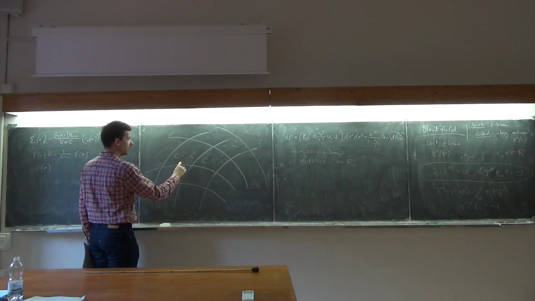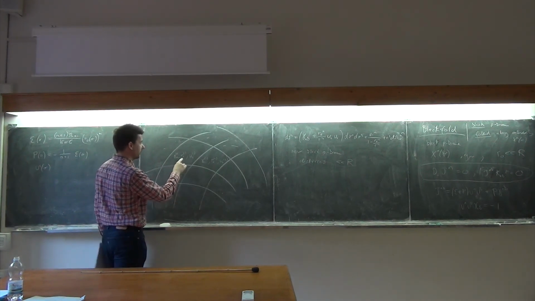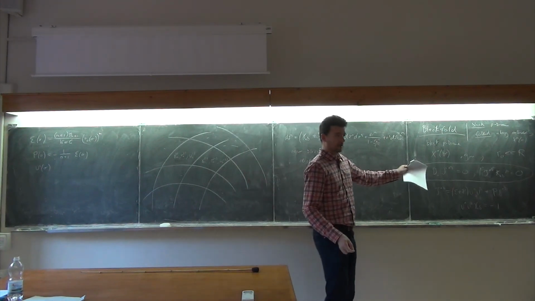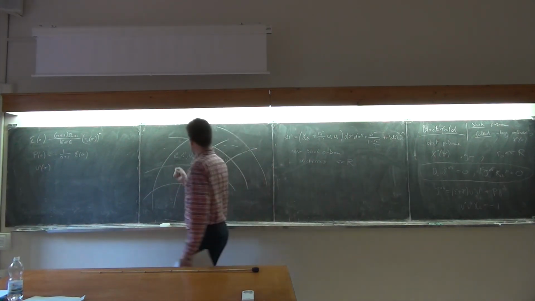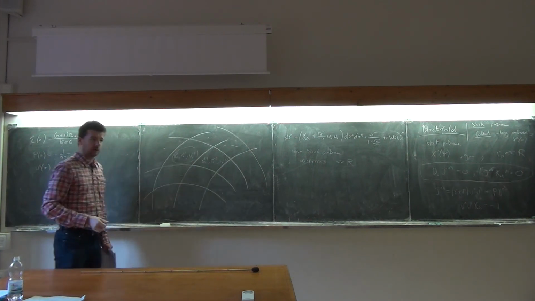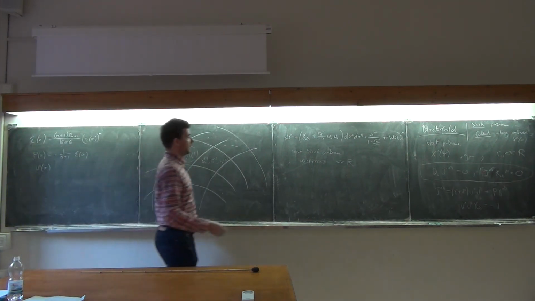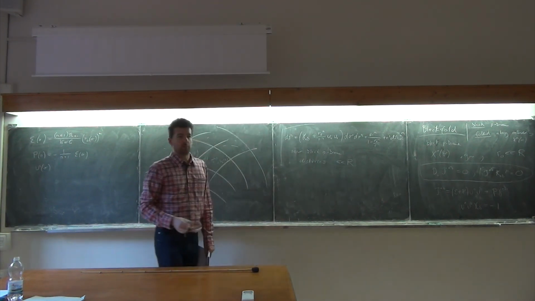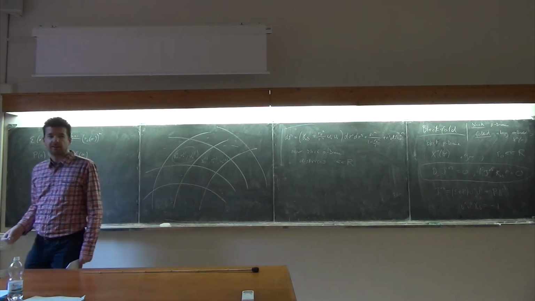To see the variation of going from here to here, you have to use these equations for how you vary. But if you stay within one of these domains, then it's just a flat p-brane in Minkowski space.